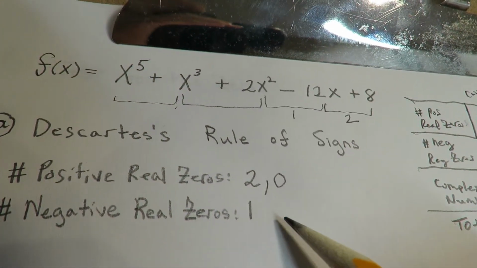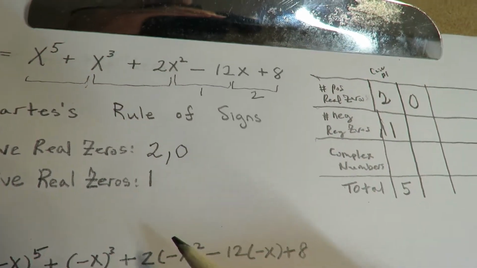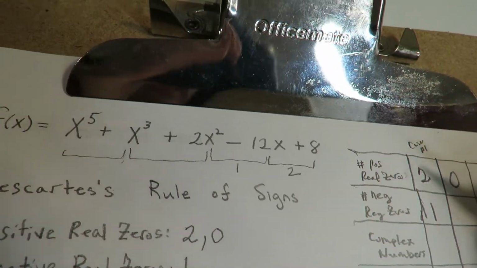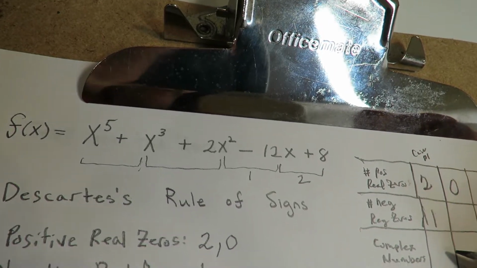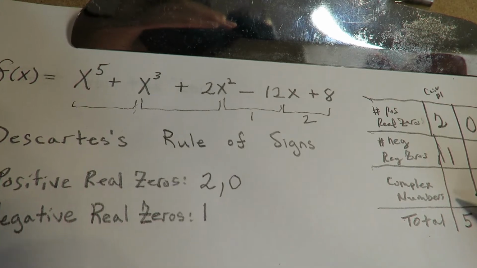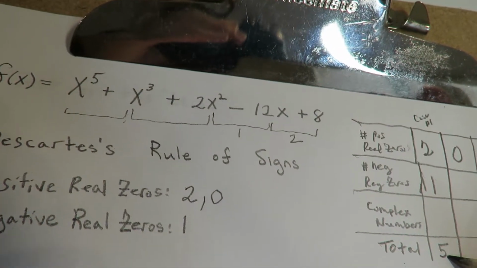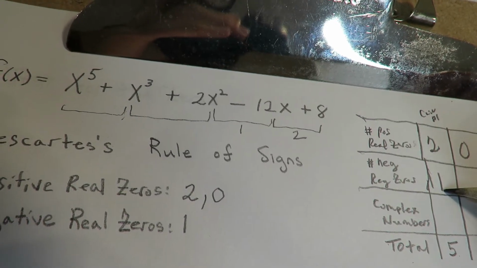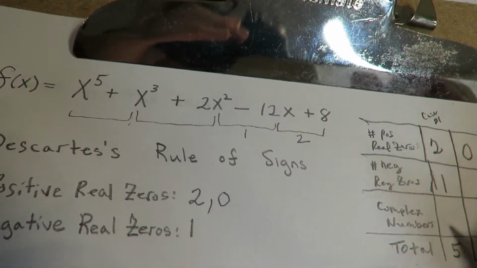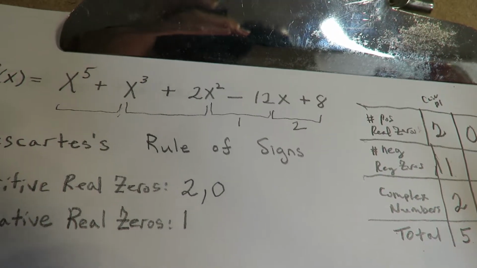Well, we already discussed that you only ever have 1. So I would only have 1. Okay? Now, in this scenario, how many complex numbers would you have? And why are you coming up with that answer? So your logic should be, if I'm looking for 5 zeros, and I know that I currently have 3, then 2 of them must be complex numbers, because it has to add to 5.